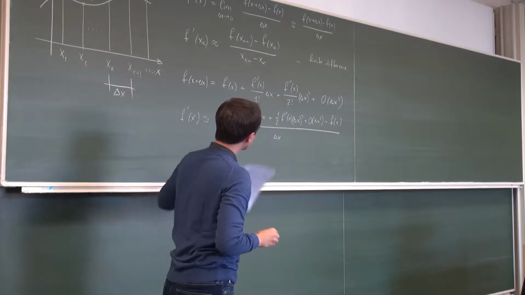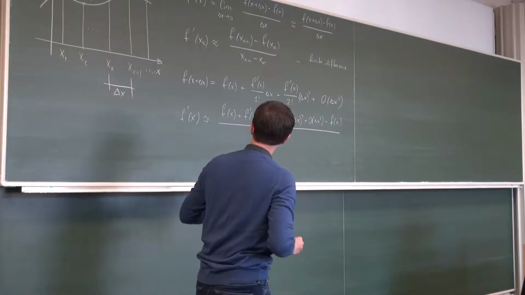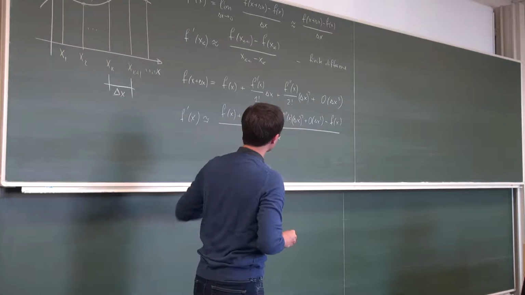Well, f of x cancels here, this one and this one. Then we will have our f prime of x. This one's approximate, this one's exact.